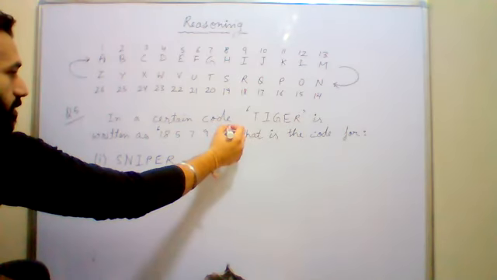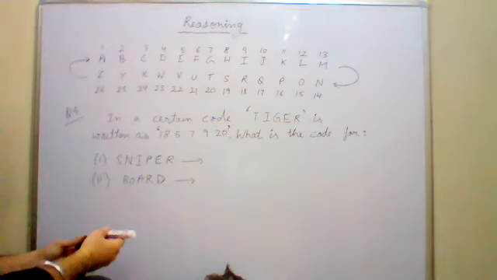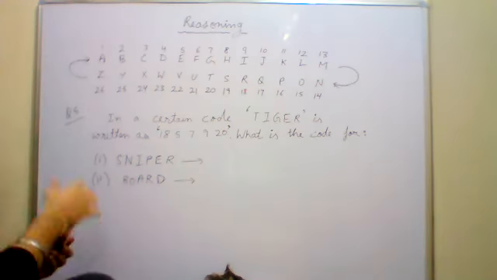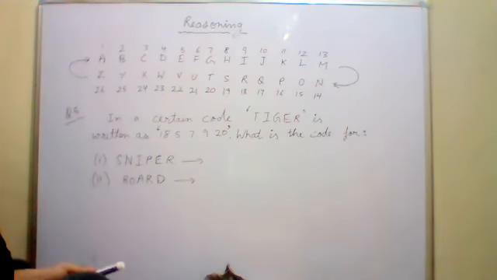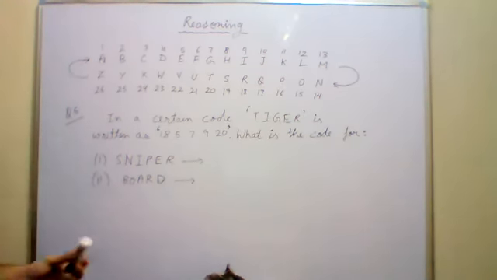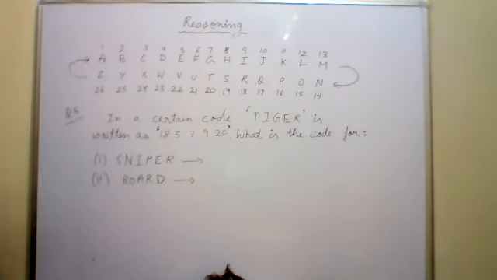Find the code for sniper and board. Take the numbers. Sir, I have understood. Very good. Sir, I have found the code. Very good. Give the answer.